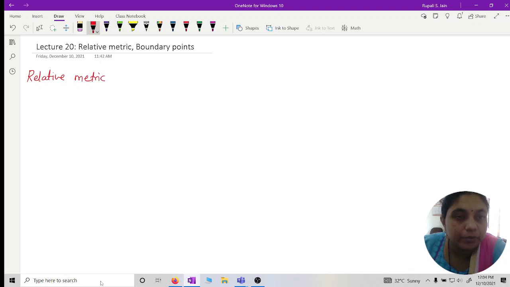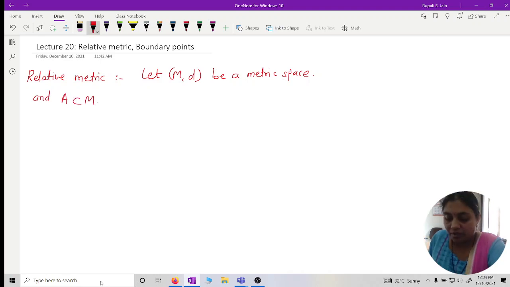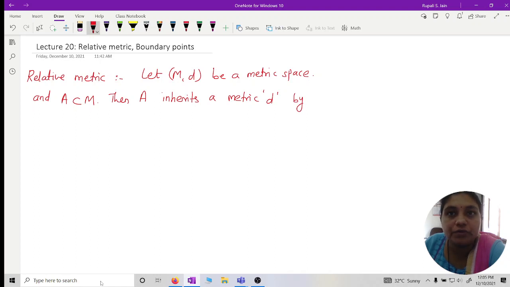Relative metric space, we can say. So let (M, D) be a metric space, and A a subset of M. Then this A inherits the same metric D by restriction of D. We say it is D dash.